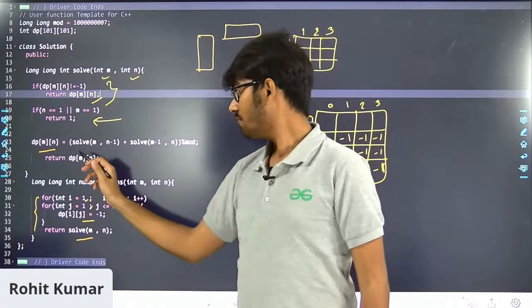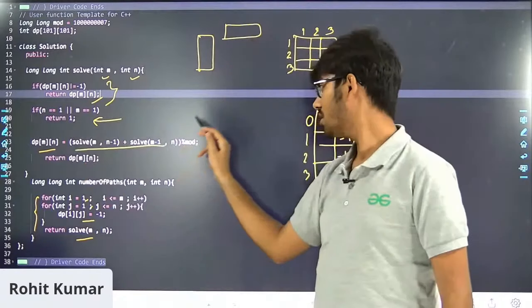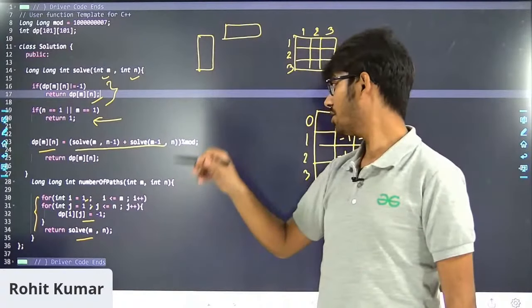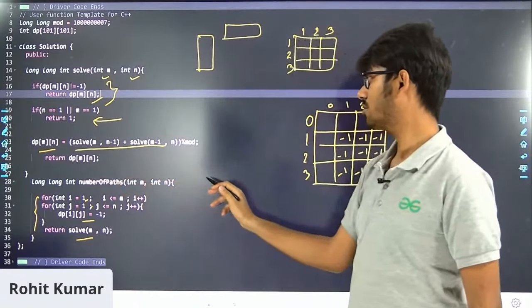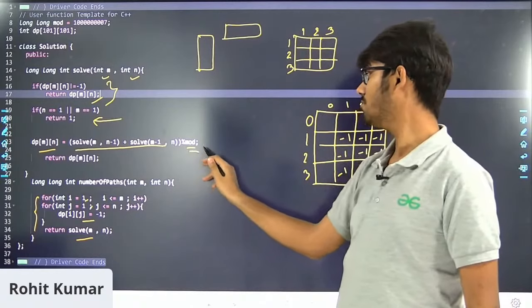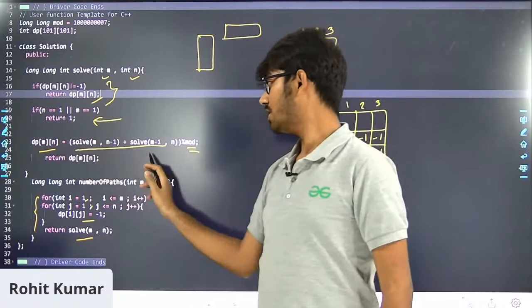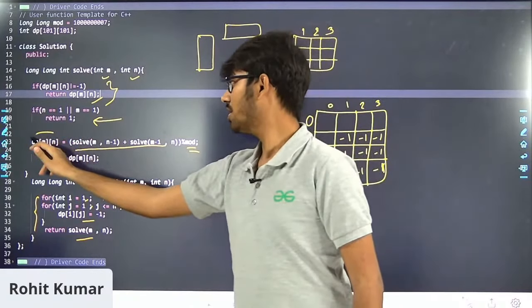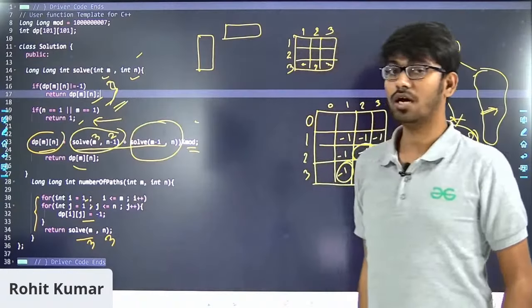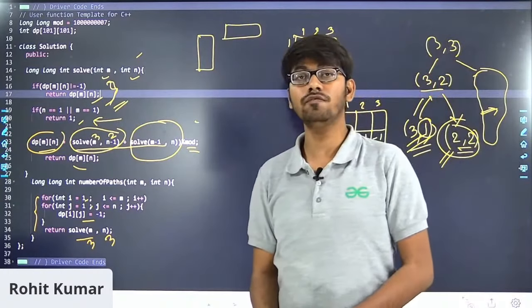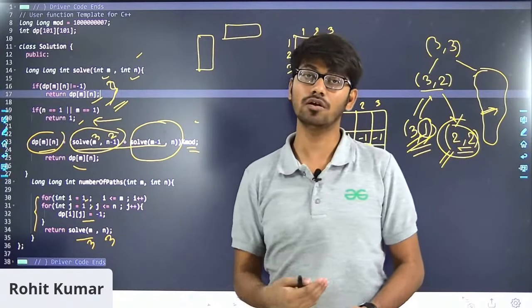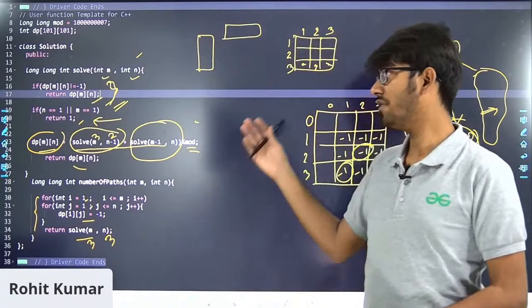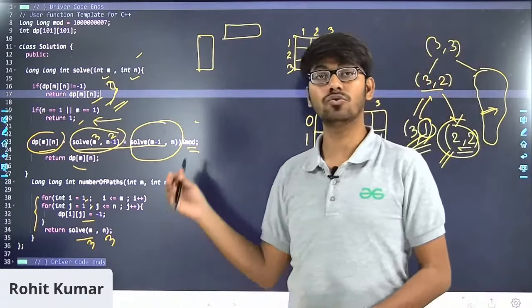After this, I have written a straight recursive formula that I have explained multiple times in my logic. So this is solve m comma n minus 1 plus solve m minus 1 comma n, finally taking the mod of them, and if it is calculated, I am storing it in dp m comma n and returning it. I would suggest that you try a dry run of it yourself, and if you have any problem, you can always ask in the comment section, because I explained the similar thing while going through the logic.